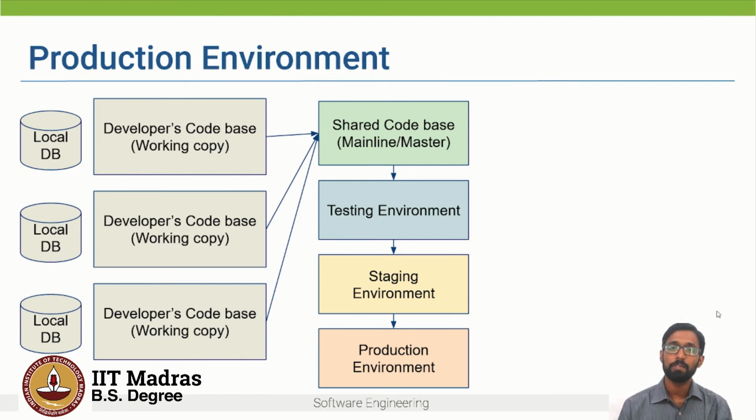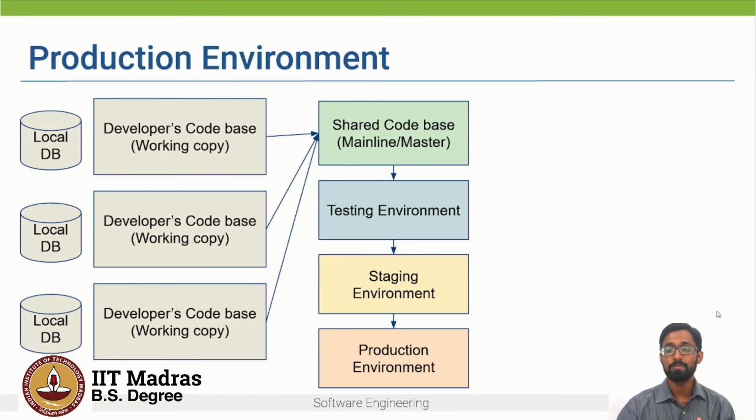Now, one thing we have to be careful of is that this code from the staging environment has to be deployed into the production environment, right? And the production environment is the actual software system which users are using, right?